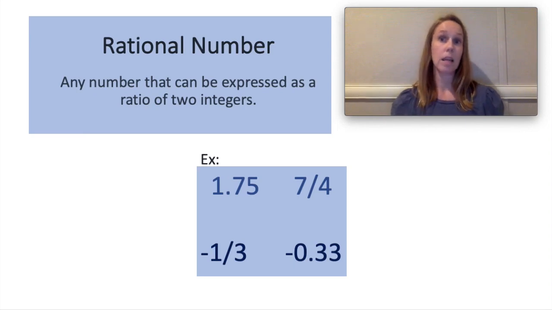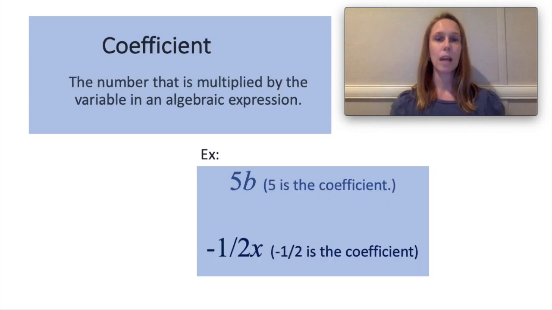Our most famous irrational number, of course, is pi, because the decimal values don't repeat, and they do not end. So for today, really the rational numbers mean we're going to be solving equations with positive and negative fractions and decimals.